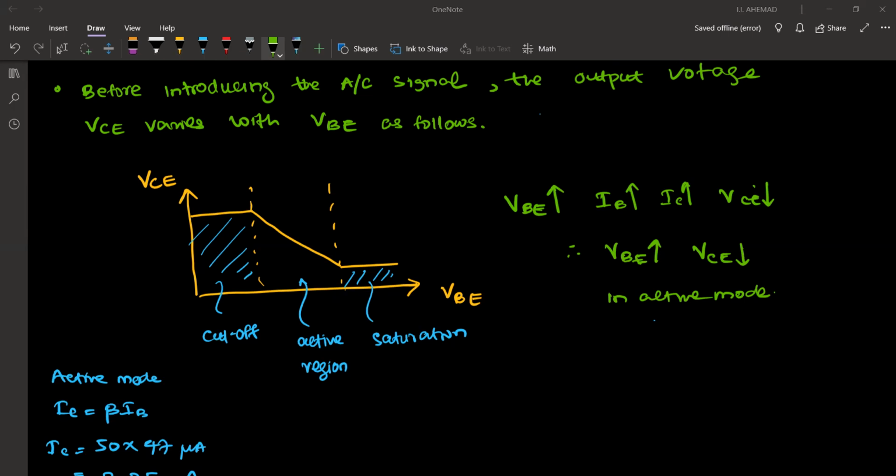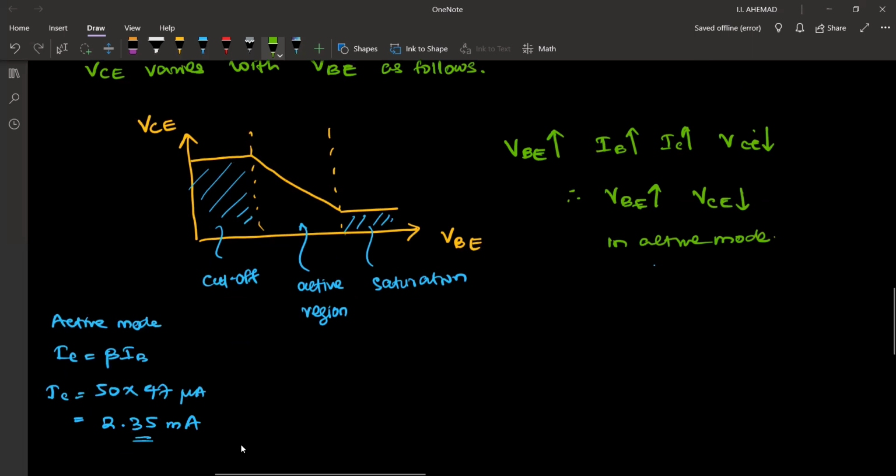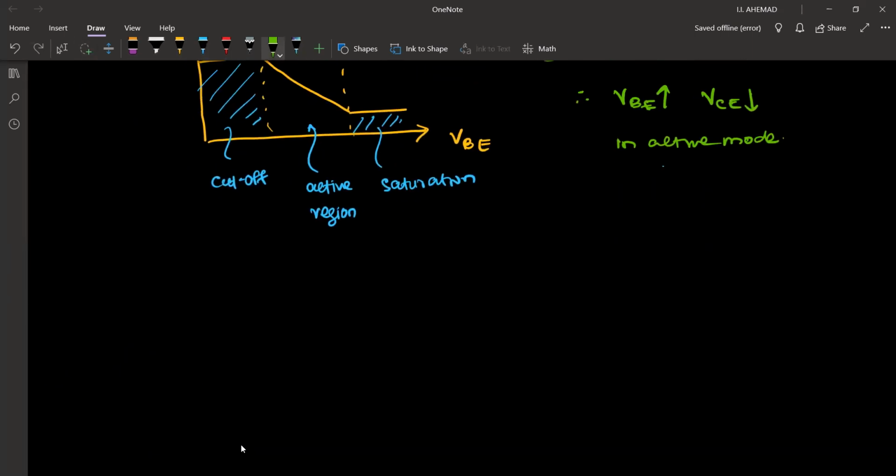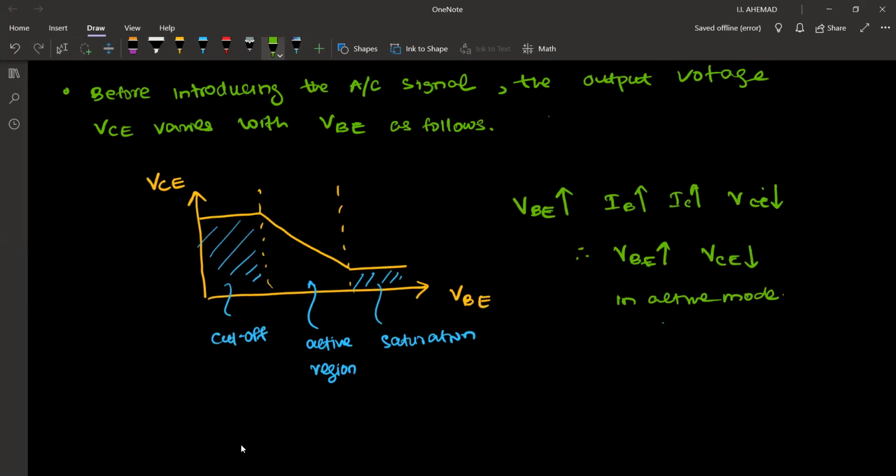So now let's introduce the AC signal. Okay. And before that, we have to mention that from this graph, we can get an idea. That is, when input signal increases, the output signal decreases.